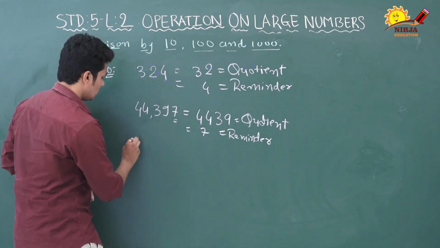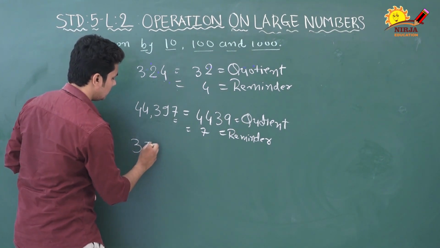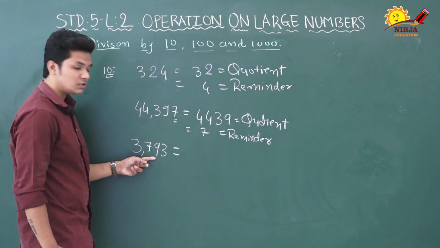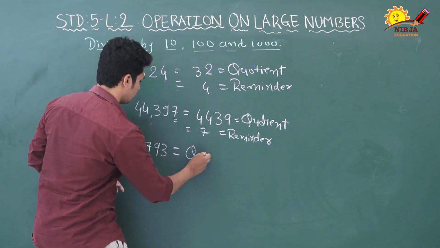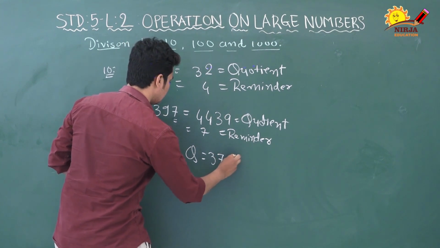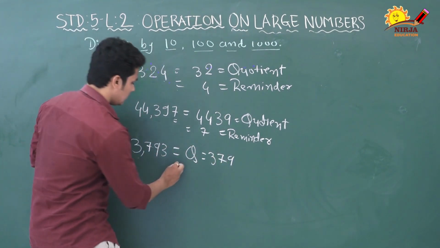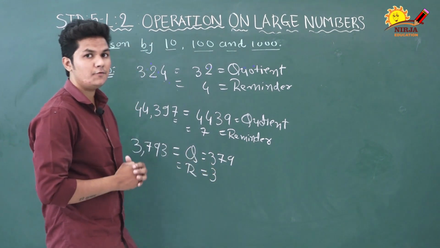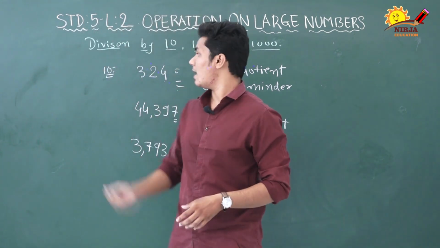Okay, 3,793. So, what is the quotient? Quotient is 379 and remainder is 3. So, this is how we write a number divided by 10.